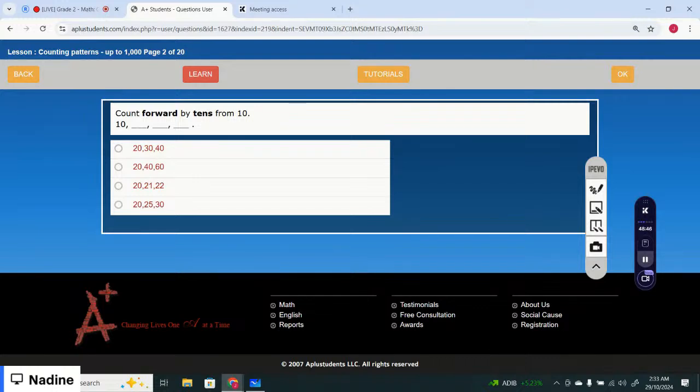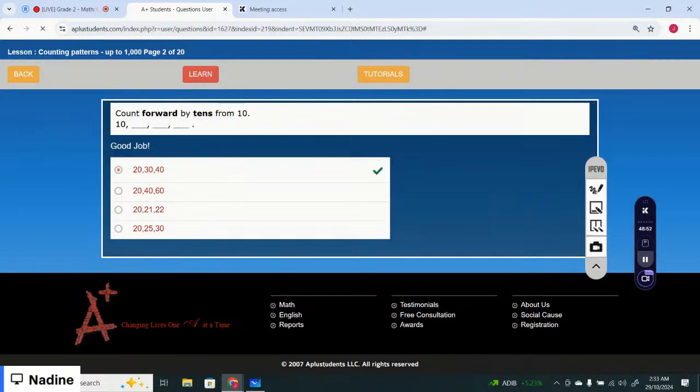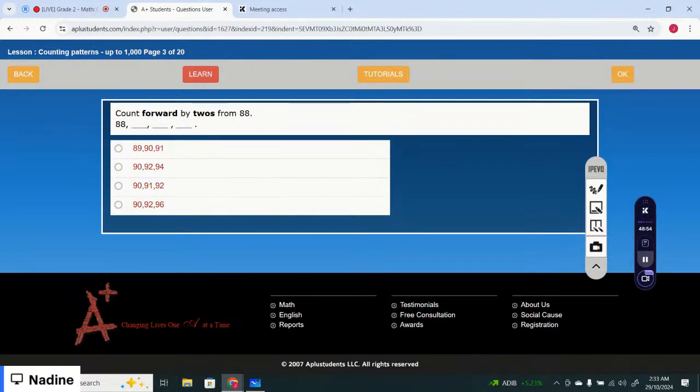That is 20, 30, and 40. Option number 1 is the correct option. Count forward by twos from 48. So, which is the correct option?